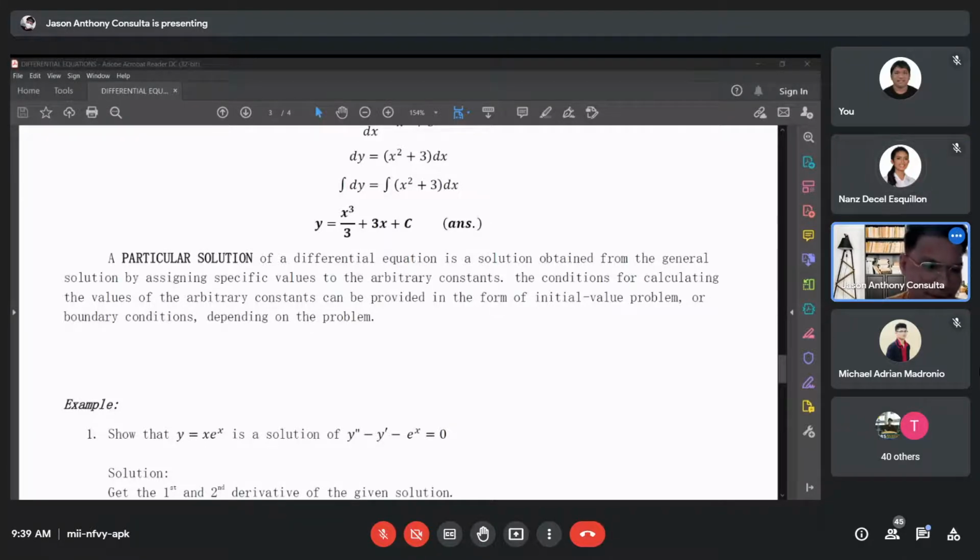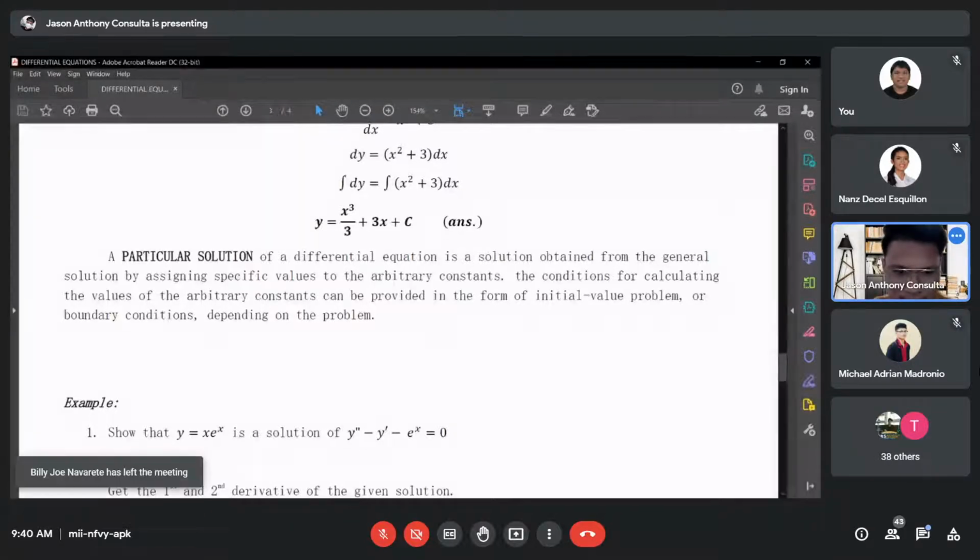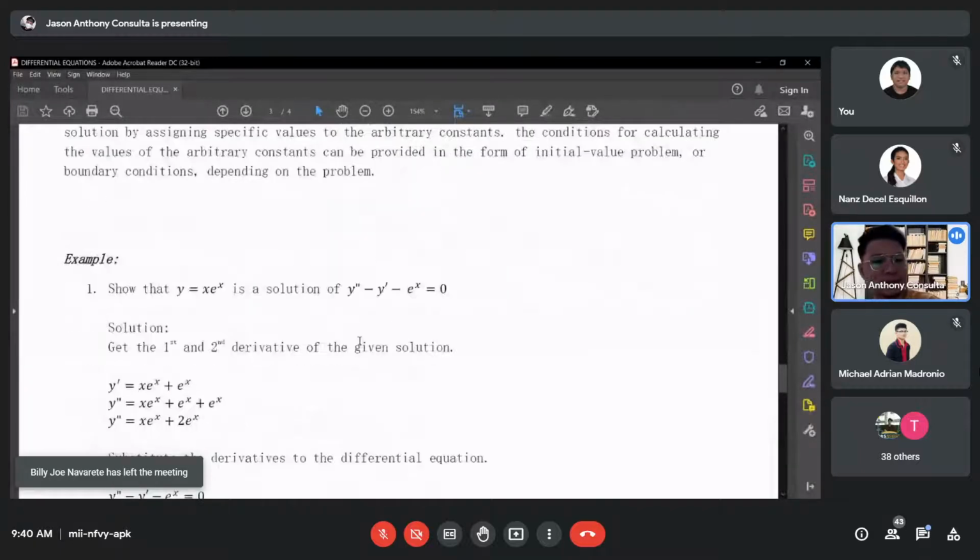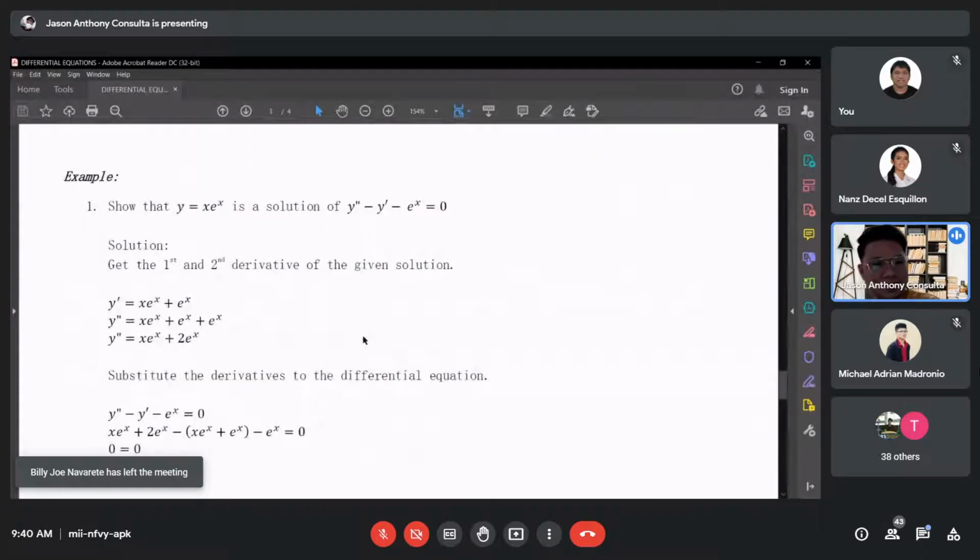Okay, sige, very good. So yung ang nakuha natin, since nakuha na yung first and second derivative, di ba, mag-substitute na. So pag nakuha na yun, dapat mag-zero, di ba? If hindi siya mag-zero, so it's either yung y is equal to x e raised to x is not a solution of y double prime minus y prime minus e raised to x equal to 0 pag hindi nag-zero.